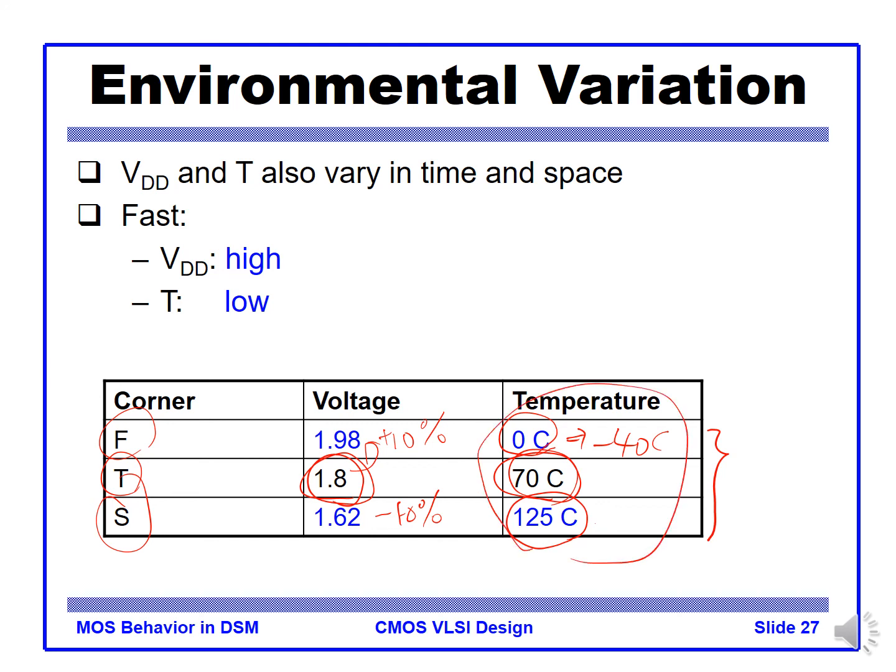So typically minus 40 C to 125 C, we check the temperature operation. And also for voltage, we usually check plus minus 10% variation for reliable operation. Then we can guarantee the operation, and we can tape out and see the actual silicon work properly.